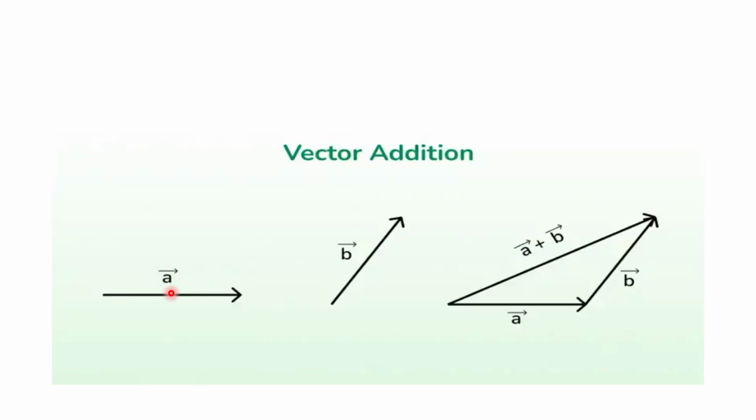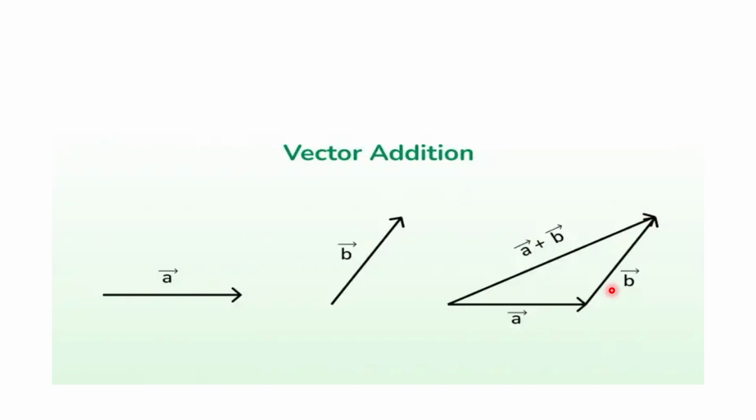Here we have an example. We have vector A, which has a magnitude and a direction. We have vector B, I think of the same magnitude, but in a different direction. How will we add them up? We will add them by the head to tail rule, which we will also discuss in the coming lecture. But for now, I want to give you the simple way: add the tail of the second vector to the head of the previous vector.